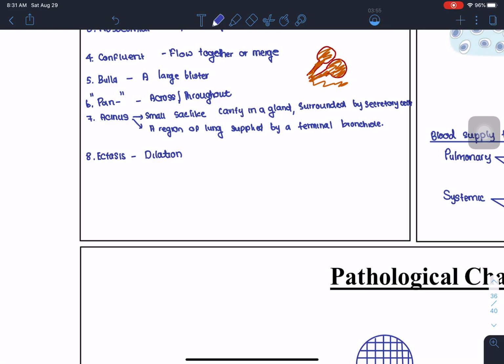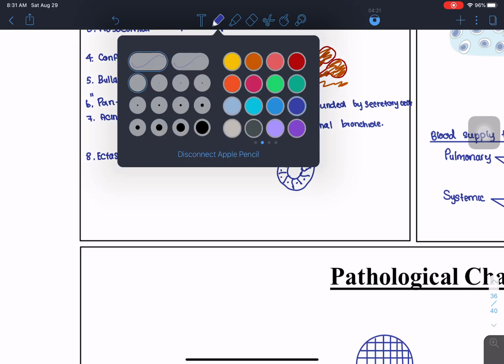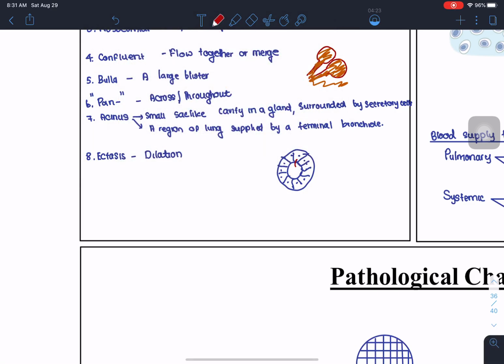Next, acinus. We get that word in two locations in medicine. One, in relation to glands. So these are the cavity which is surrounded by secretory cells. This is the place into which these secretory cells will produce their secretions. So that is what you call acinus in terms of glandular epithelia.